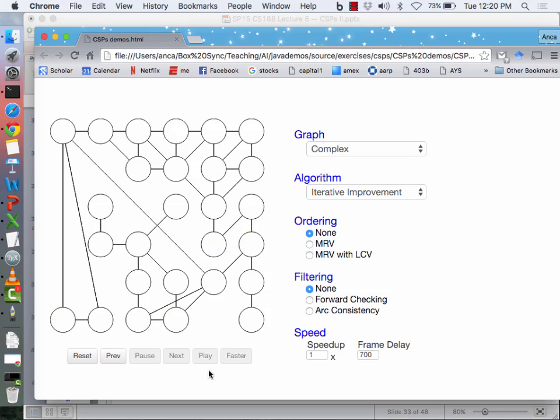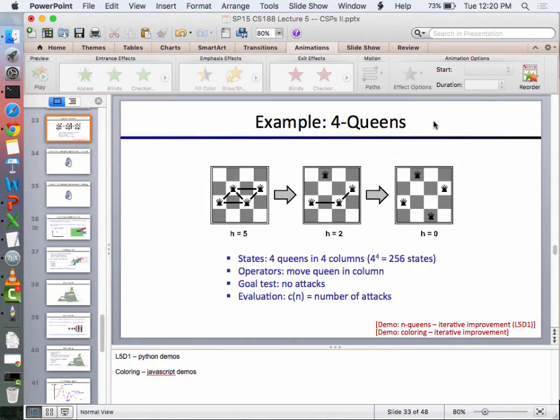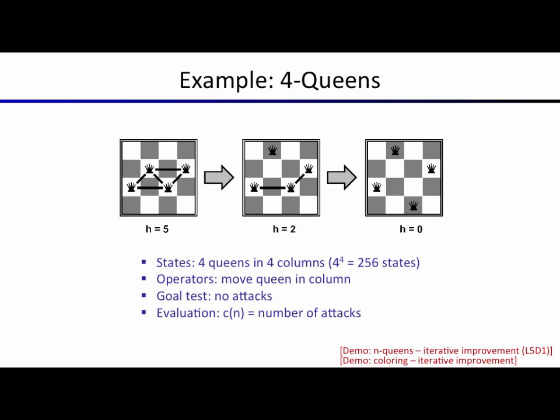Ta-da! Done. All right. So what I want you to get out of this is that local search is a really, really, really powerful idea. It won't always work, but it's definitely a very sensible thing to try and think about whether it makes sense for your problem.